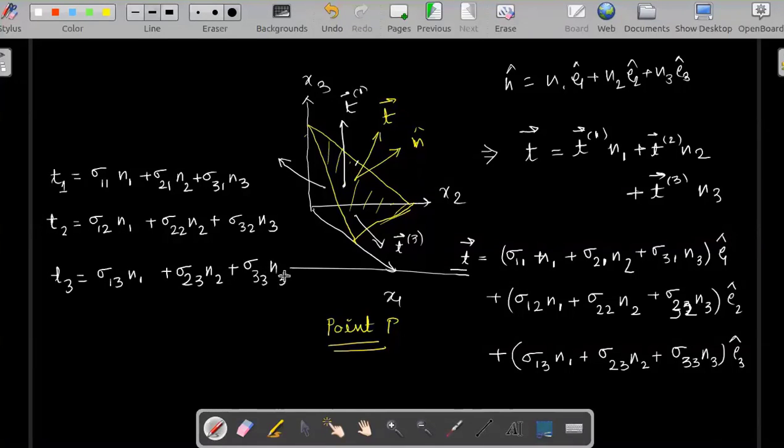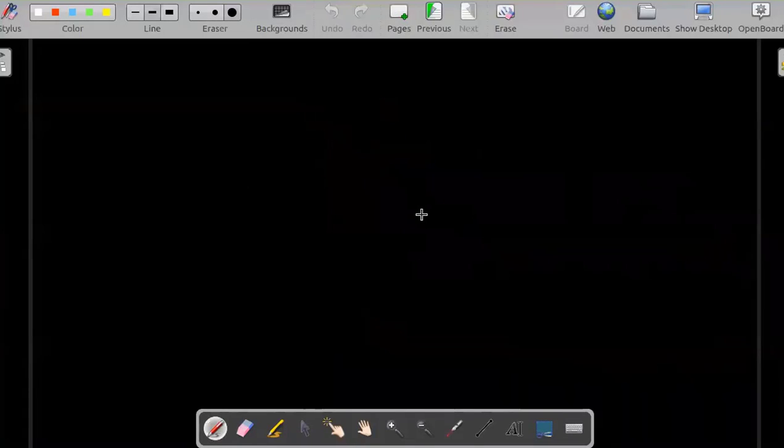Now this is what we have obtained: the components of the traction vector at plane N, T1, T2 and T3, in terms of the sigma components of the three independent planes we have decomposed, and the direction cosines of the normal vector N. Now, can we write this in matrix form?